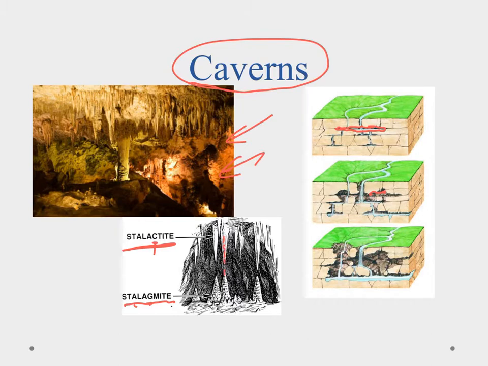Sometimes the water will drip down and we'll have the exact same process: it evaporates out and builds these mineral structures up. When a stalactite and stalagmite come together, as you can see here, we form what we call a column. These are the neat things. They'll go into it in a little more detail, but if you have the chance to go and explore caverns, it's really an interesting experience.